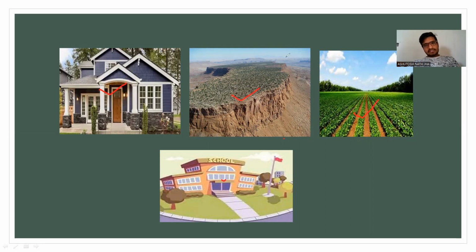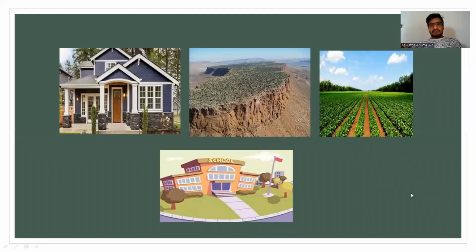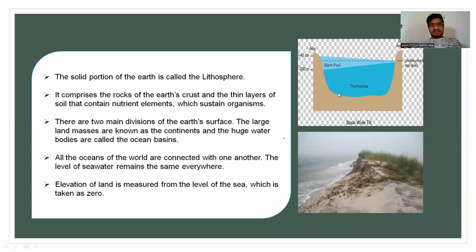All these are related to our environment, to the lithosphere, the upper surface of the lithosphere. Very good observation, students. In this module we discuss the lithosphere. So, let's go through.